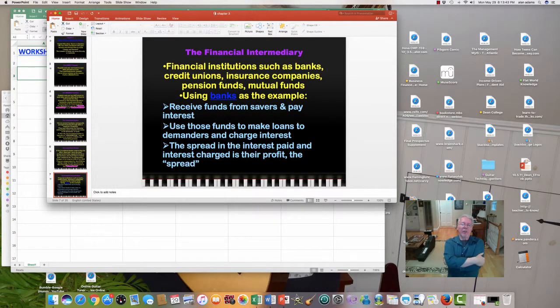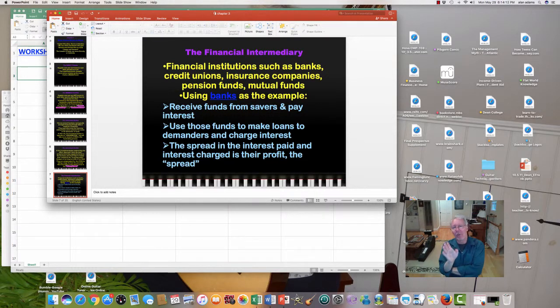So a financial intermediary like your bank, our friendly neighborhood bank down here in Franklin, Dean Bank or Rockland Trust, they are going to receive funds from savers and they're going to pay you interest. Now you all know that banks aren't paying a great amount of interest right now. Everything is cyclical. Interest rates at some point will come way back up again, then way down again. In the first decade of the 21st century, the trend has been downward on interest rates.